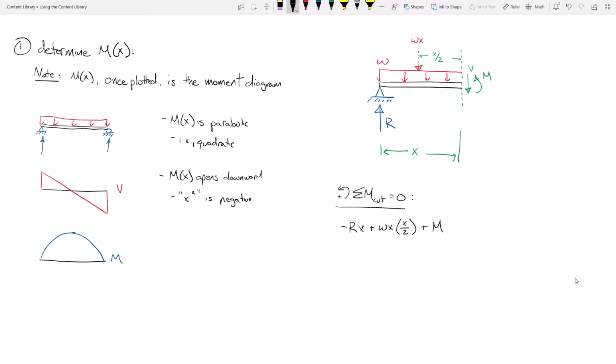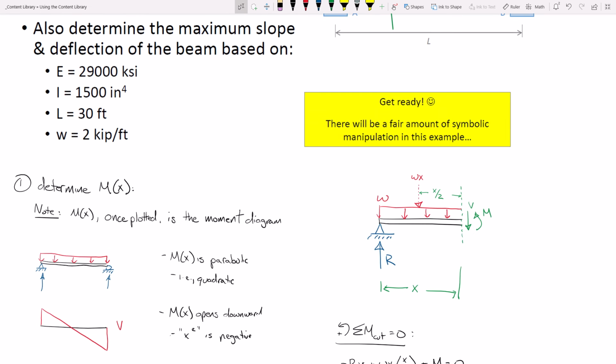plus M is 0. I'm going to take a step back and calm down for a second, make sure that part was clear. Is everybody okay with that? Let me scroll up a little bit to make sure that I'm not reaching too far. So I'm summing moments at the cut. So R times X is negative, Wx times X over 2 is positive, okay, with me so far?